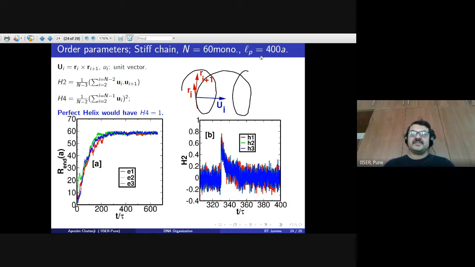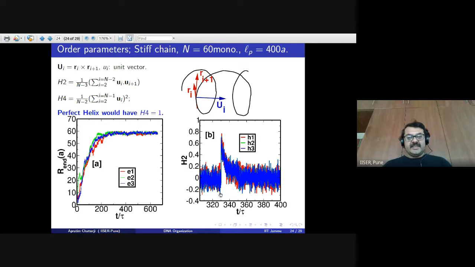Here we take the persistence length to be more than 6 times its contour length. We start with a bent configuration, but then allow the polymer to relax, and it becomes a semi-flexible polymer. The end-to-end distance fluctuates due to thermal fluctuations, and that's what we see. There are 60 monomers, so 60 is the length.